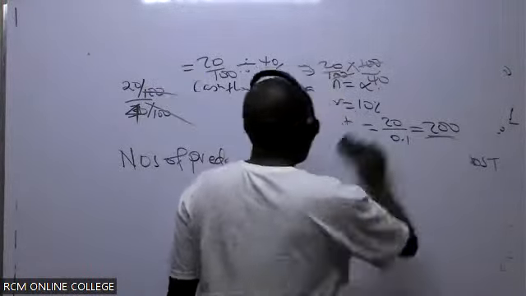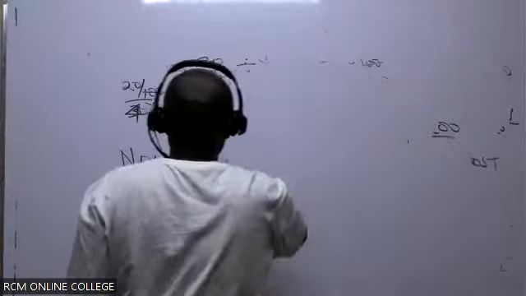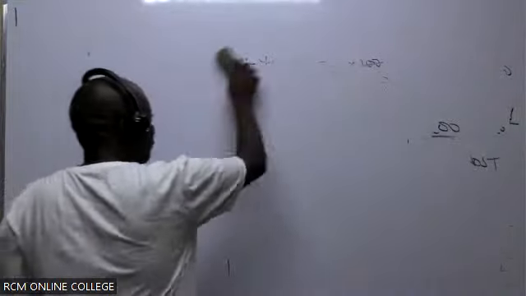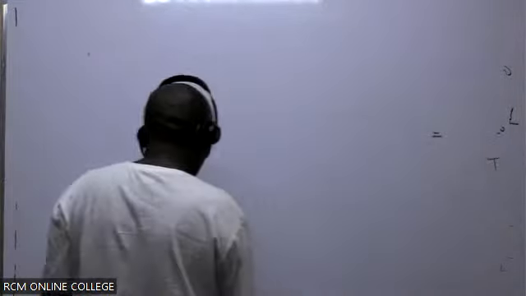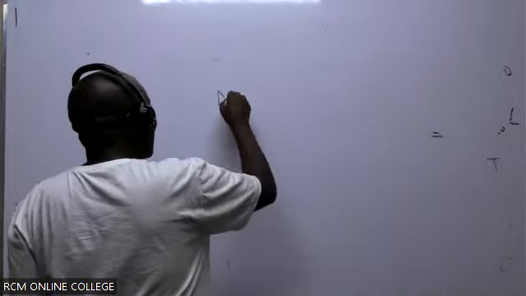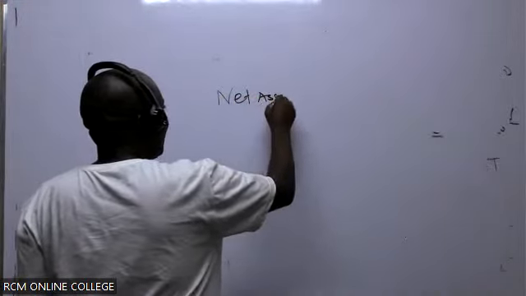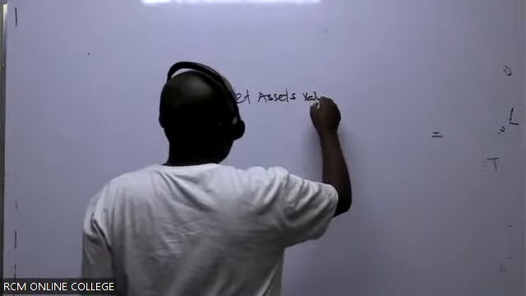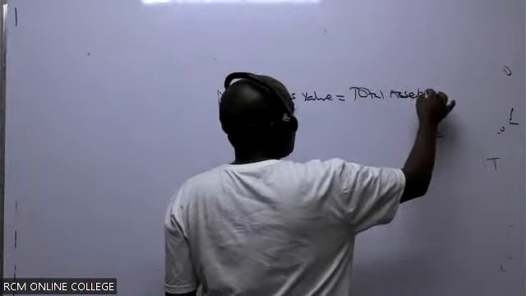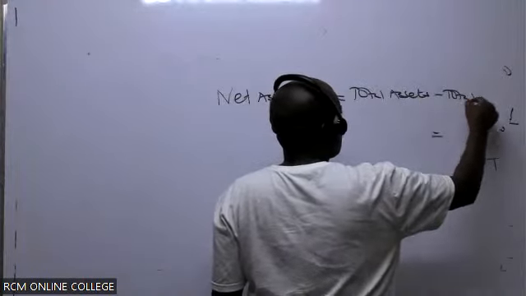Now, ladies and gentlemen, please listen to me very well. When we talk of net asset value, NAV, you are supposed to know that net assets value equals total assets minus total liabilities.